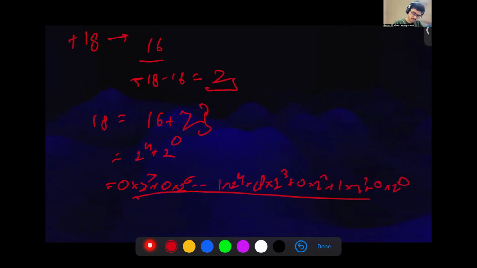This will be the entire format. Now we just take the coefficients from each and our number will be formed, which is 0, 0, 0, 1, 0, 0, 1, 0. So that is our number.